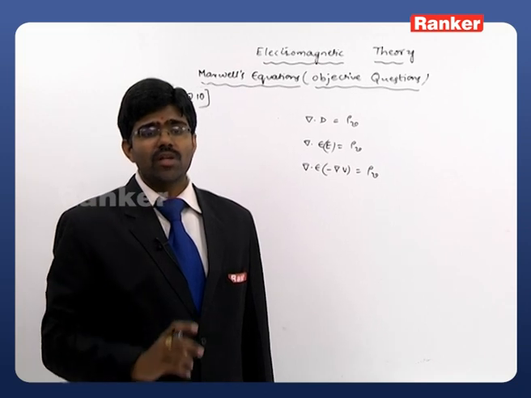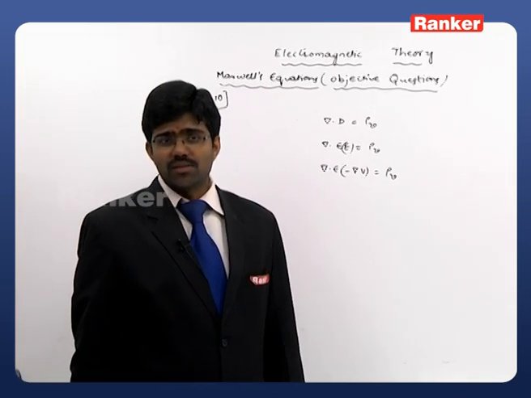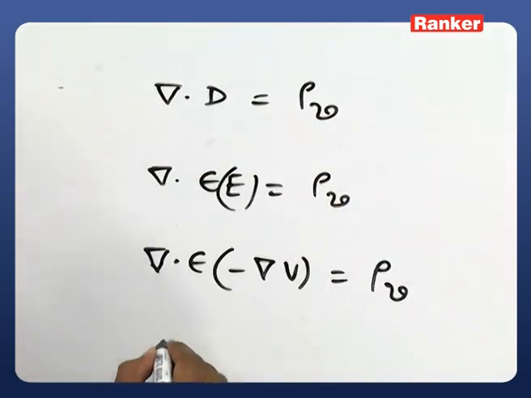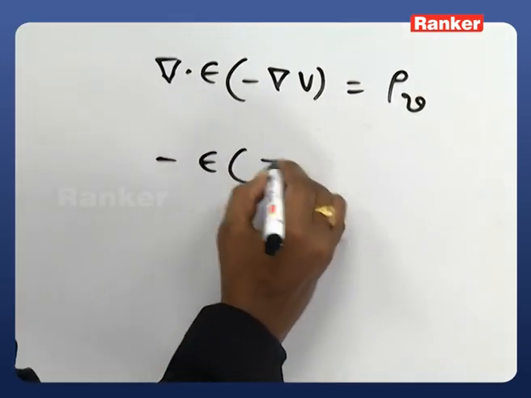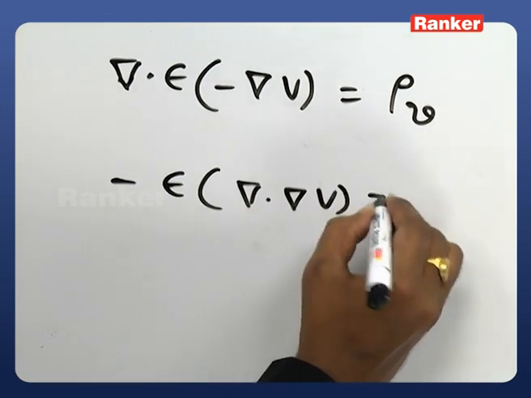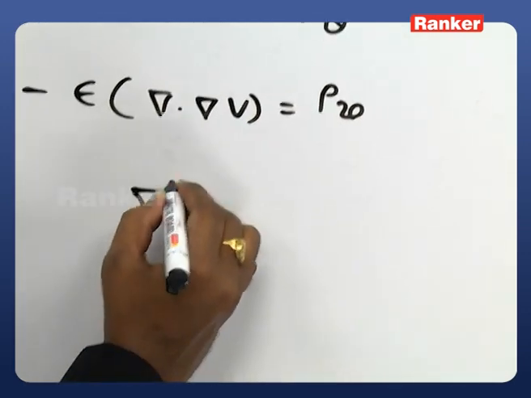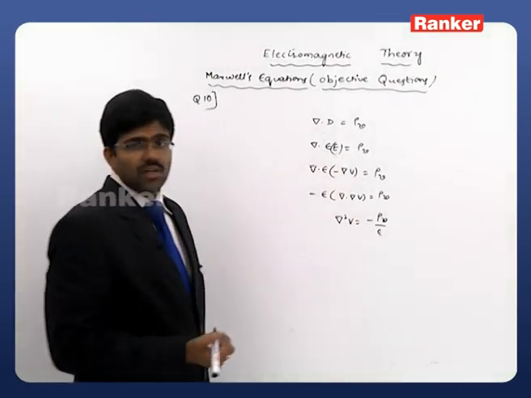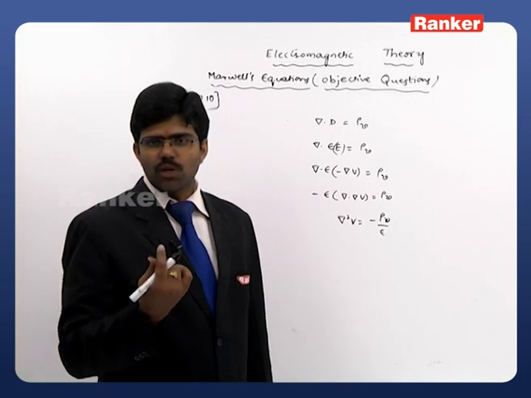But what is the type of medium given to us? It's free space. Clearly it is a homogeneous medium. Since it is a homogeneous medium, we can write this as minus epsilon del dot del V is equal to rho V, that is del square V is equal to minus rho V by epsilon. So simply this is the Poisson's equation that we have.